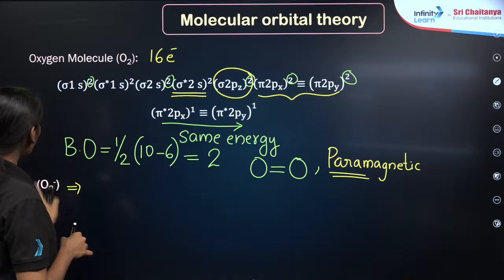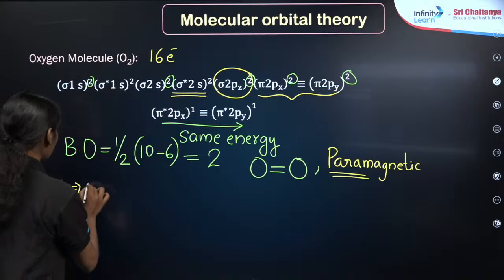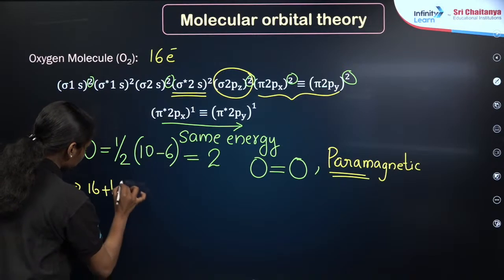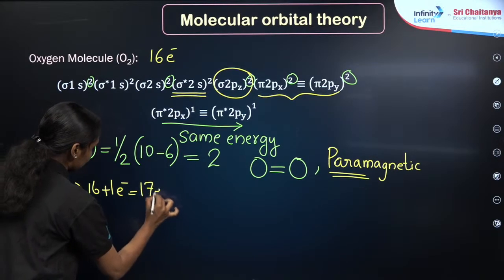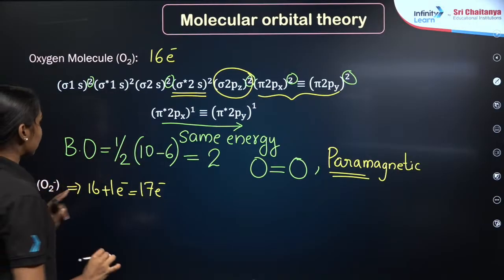Here is the next case, the O2 minus molecule, which means 16 plus 1 electron, that is a total of 17 electrons. Write down the electronic configuration like this.